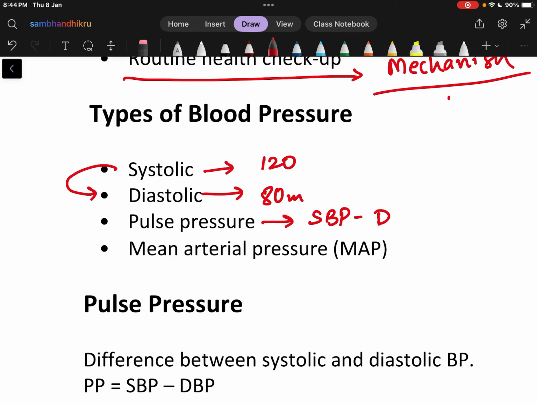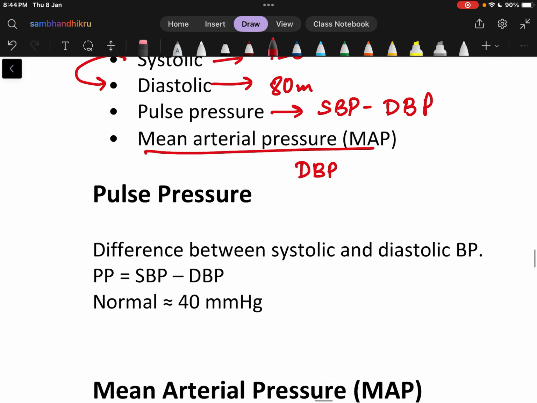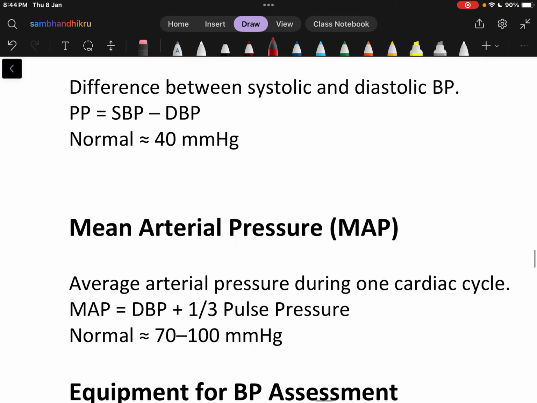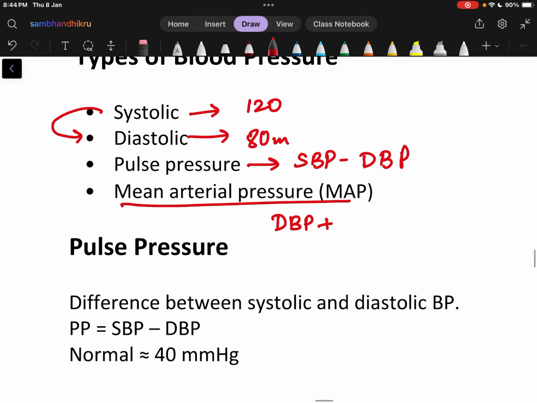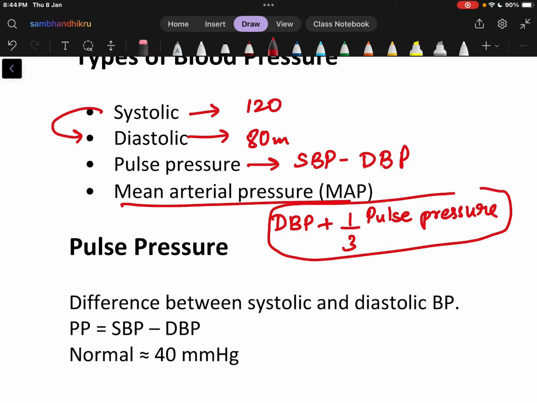Next, mean arterial pressure means diastolic blood pressure plus 1 by 3 of pulse pressure. Understood? So this will be the answer. Clear?